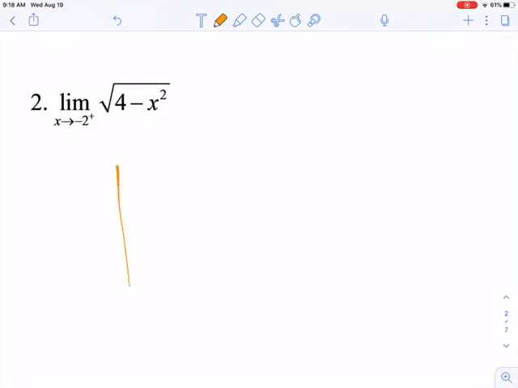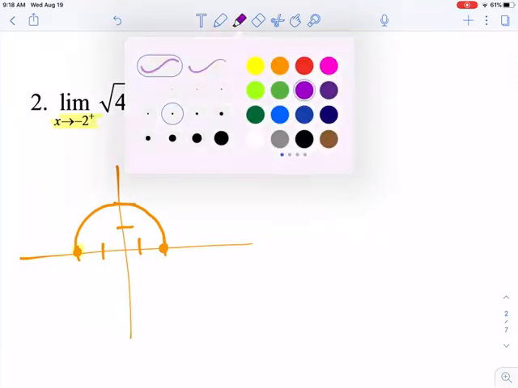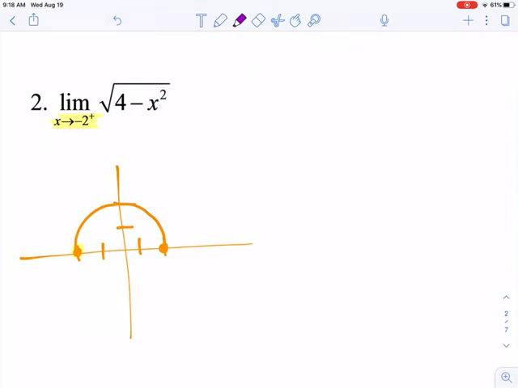So what we have going on here, let me get this out of the way for us. We have the semicircle with a radius 2 that sits above the x-axis. So notice how our limit is as x approaches -2 from the right. Well, here's -2 right here.